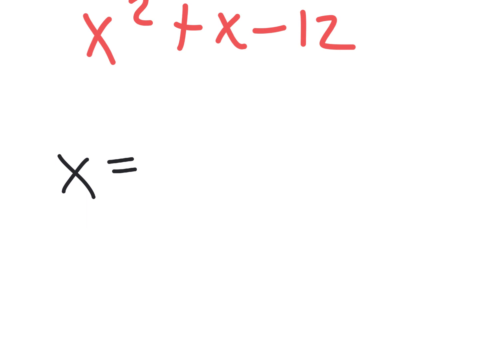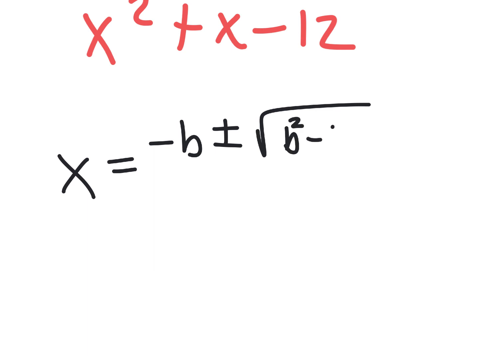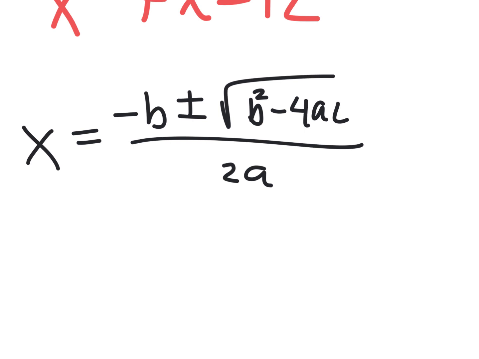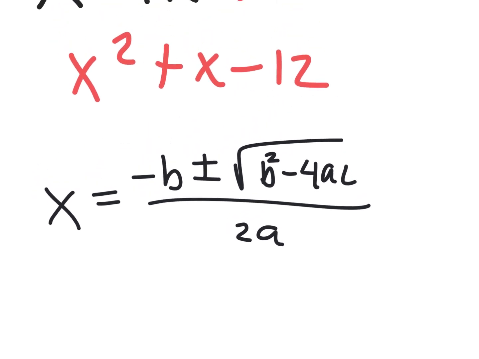X equals, what's next? Negative B, plus or minus the square root of B squared, what? Minus 4AC. All over 2A. Very good. You had some participation from around the room. And now you drop in 1, 1, and negative 12 in the right spots.